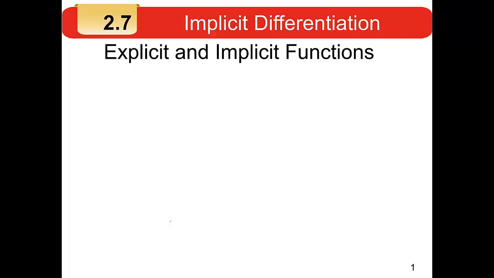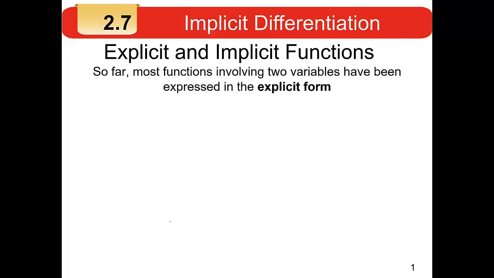In this lesson, I'd like to discuss one of the more important differentiation tools that we'll be using this semester. And in order to do that, I want to talk about the difference between something we'll call an explicit and an implicit function. So far, most of the functions involving two variables that we've dealt with have been expressed in this explicit form.